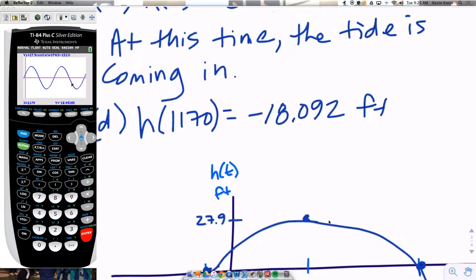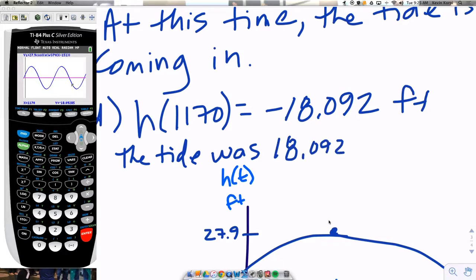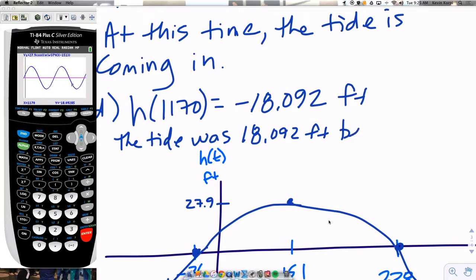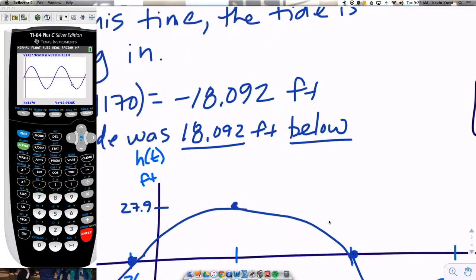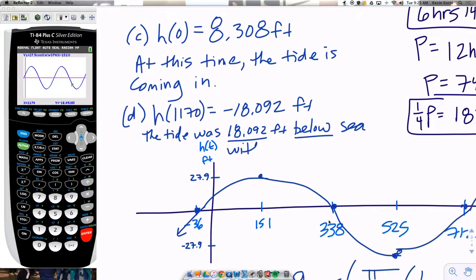Going out. So you can interpret the negative: the tide was 18.092 feet above or below sea level? Below. So this is what we could do in interpreting a vector which has a magnitude and a direction. In this case, it was 18.092 feet below sea level with the tide doing what?